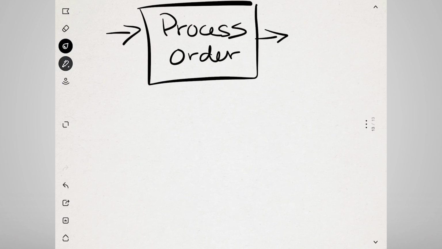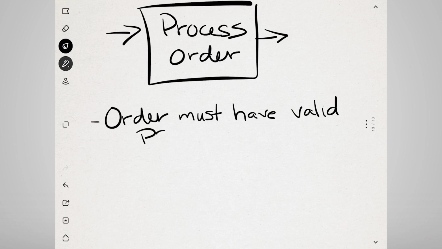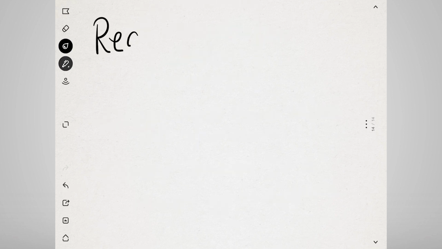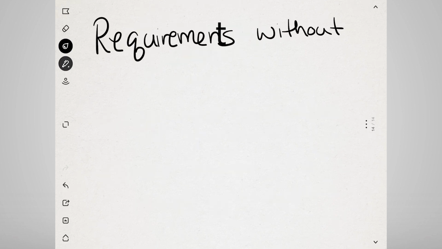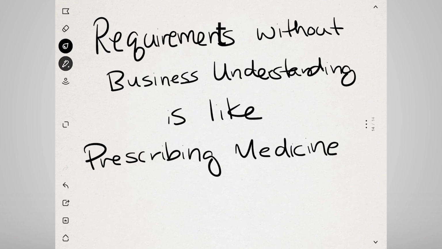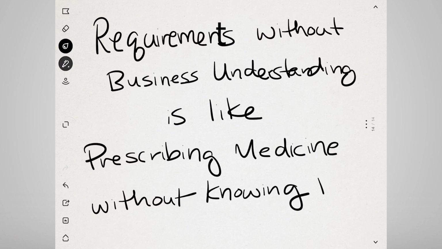If we look at the task of processing an order, a rule might be an order must have a valid purchase order number, or an order must have an amount greater than X, or an order with an amount greater than X must go through approvals. The business process and rules should be understood and probably documented before any type of project requirements are developed, and the requirements should take into consideration the process and rules of the business.